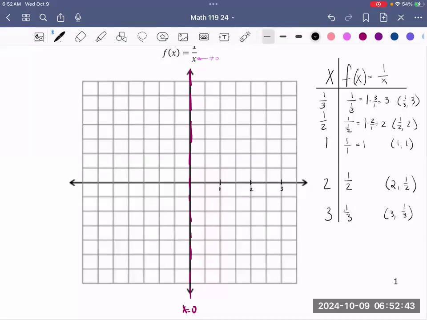So let's say this one is 1, 2, 3. So 1 is right here. We have 2.5. We have 3 1/3. And then we have 1/2 and all the way up at 2. And 1/3 at 3. So somewhere up here.